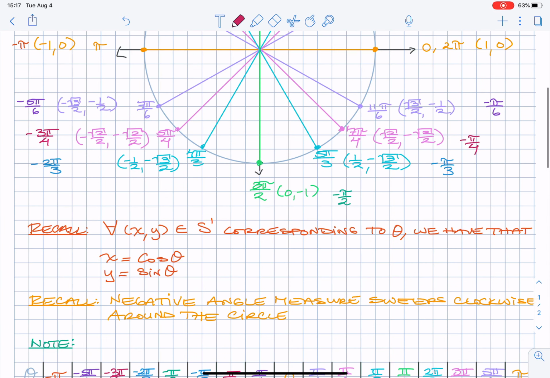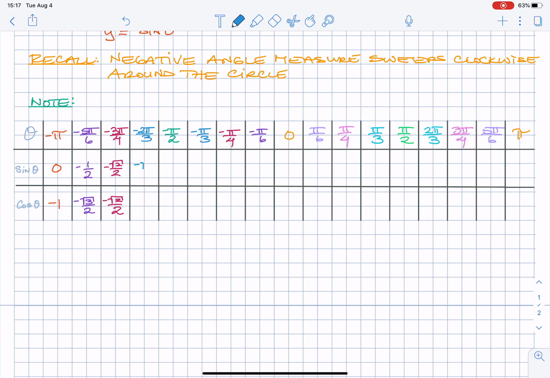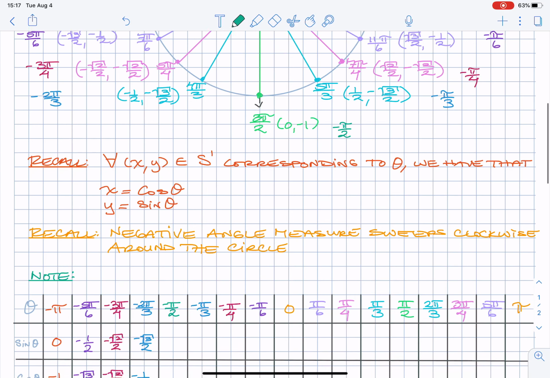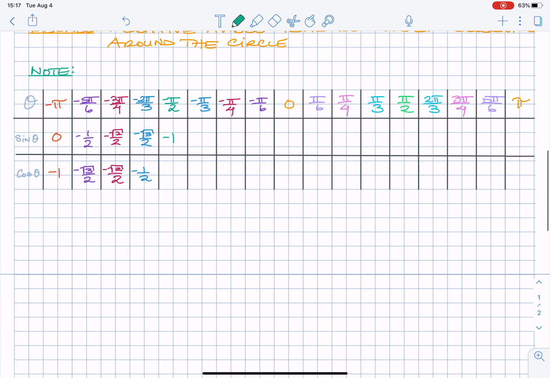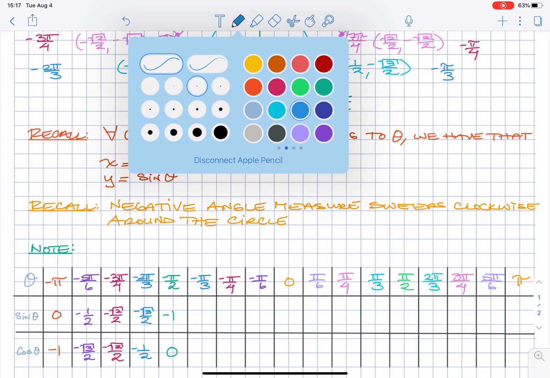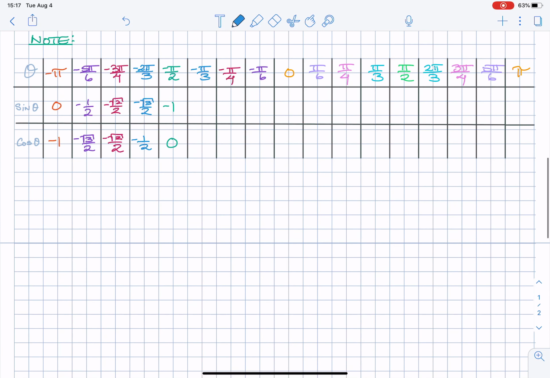Then we'll look at -2 pi over 3. So we have -√3 over 2 for the y coordinate and -1/2 for the x. Then at -pi over 2, we have -1 for the y and 0 for the x. At -pi over 3, we have -√3 over 2 for the y, but +1/2 for the x.